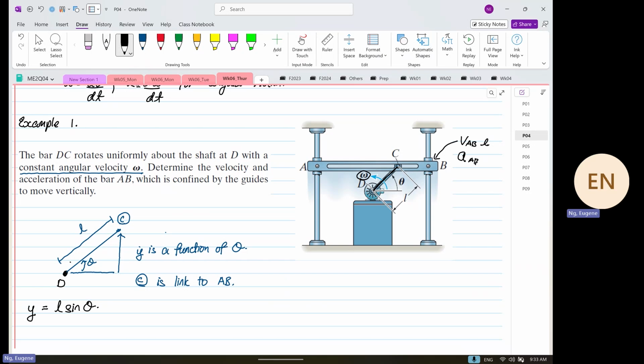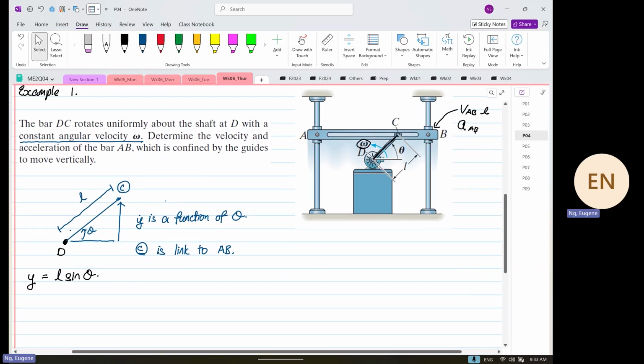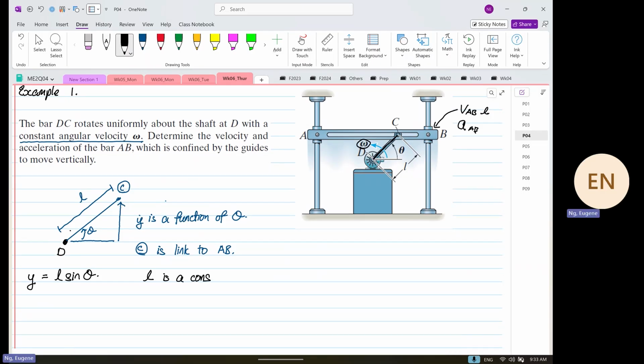Once you formulate a function like this, you have to know the length L is a constant. Yes or no? You need to know what's a constant, what is a variable. And theta is a function of what?